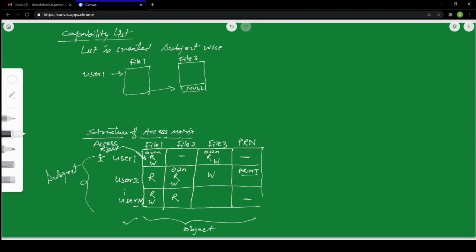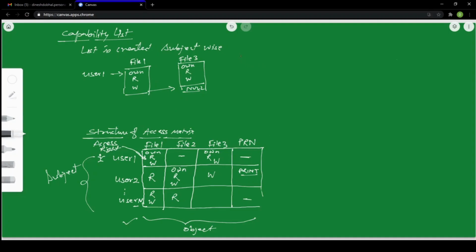Inside the block we will have the access rights. Look at this, user 1 is having ownership, read and write permission on the file 1. Similarly, for the file 3, it is having the ownership, read and write permissions.